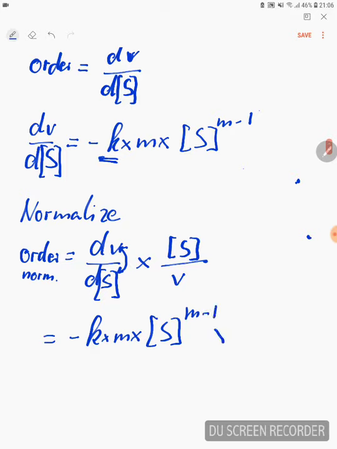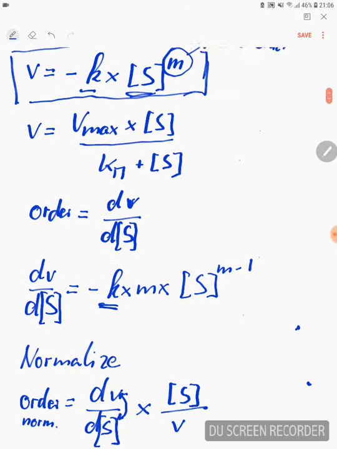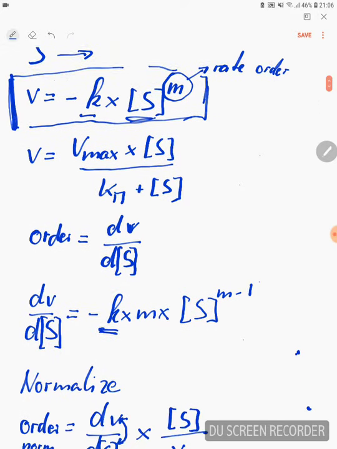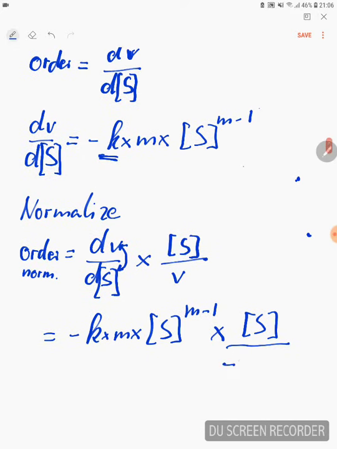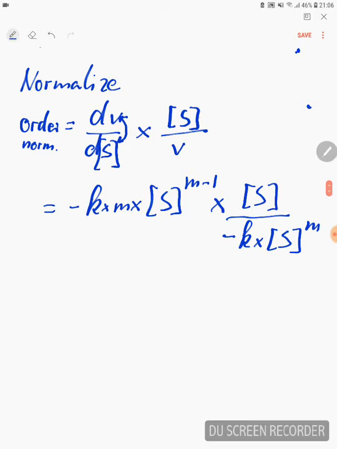And now we add our normalizing factor times S divided by, and here we take our rate that we had up here, so that is minus K times S to the power of M. And what we see is, if we combine that and make that a little bit nicer, the minus and minus cancels out. K cancels out. That's great.